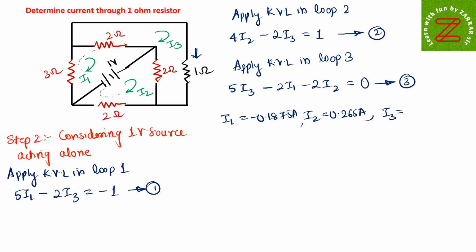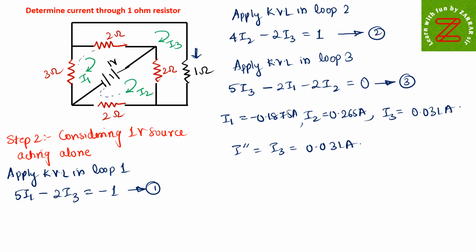So I3 you can directly write as 0.031 ampere, and I double dash will be I3, which is equal to 0.031 ampere.